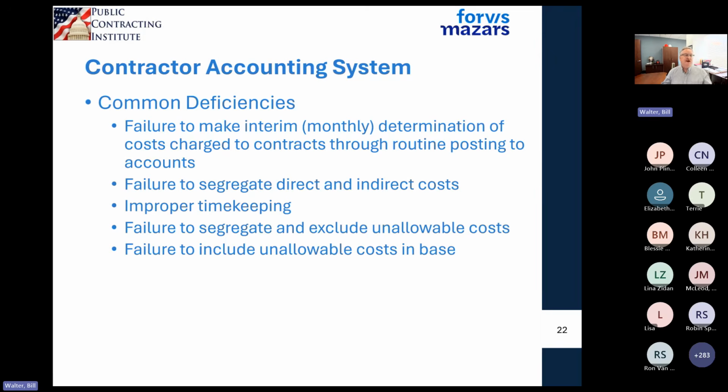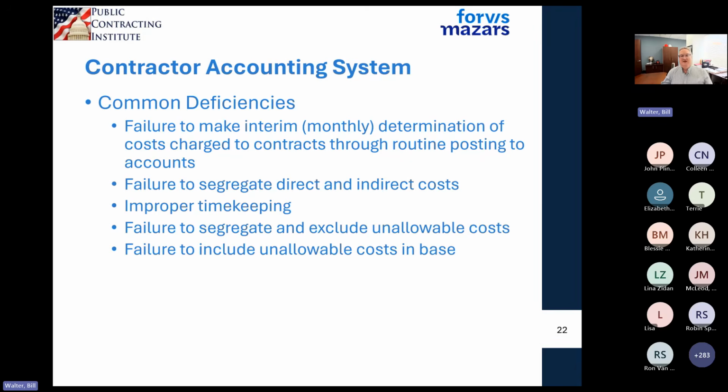And if you do have unallowable direct travel or unallowable direct costs, the auditors are going to want to see those costs included in the base for allocating G&A. Be careful, this trips some people up. I've seen many auditors come in and say, well, wait a minute, you have interest expense and you've pulled that out of your G&A pool. Well, the regulations require that to be in your base for G&A.